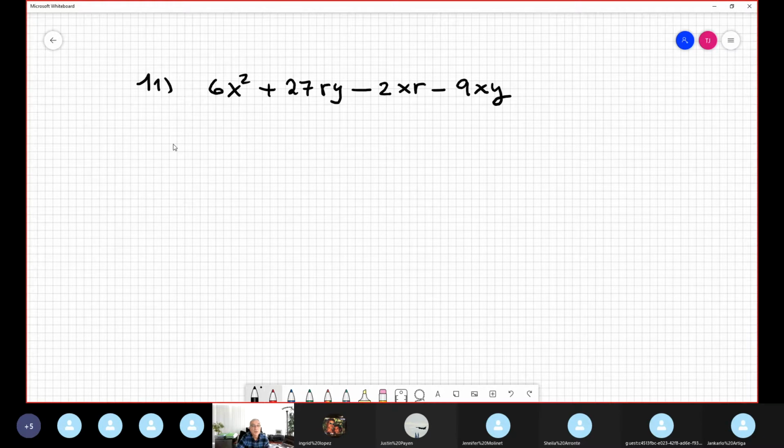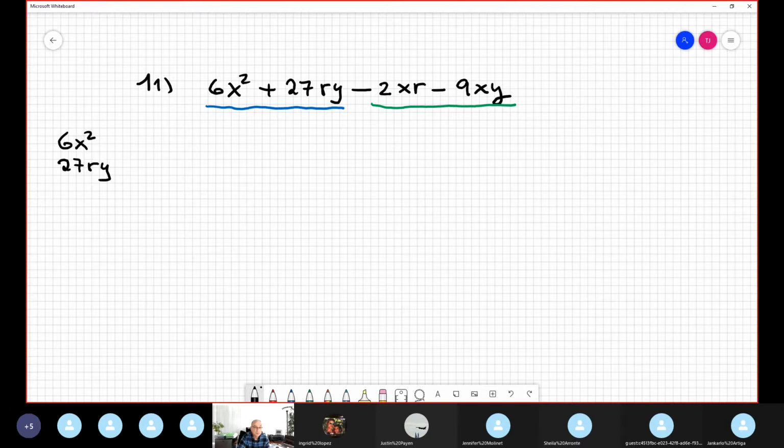Okay, I try as always this combination and this combination. What is the GCF in the first part? It's the blue part. I need to find the GCF between 6x squared and 27ry.